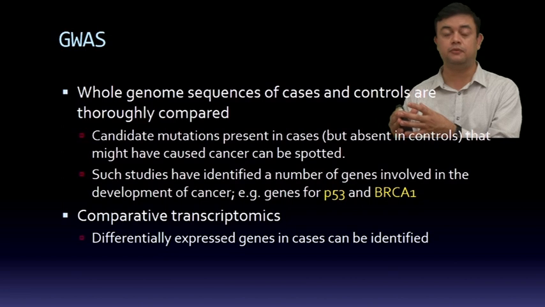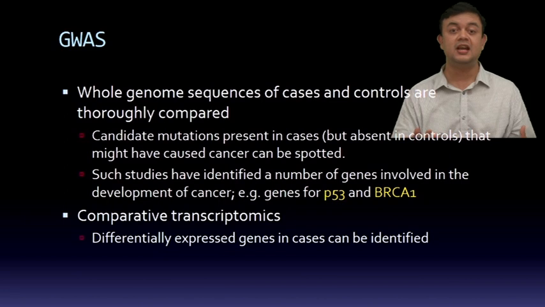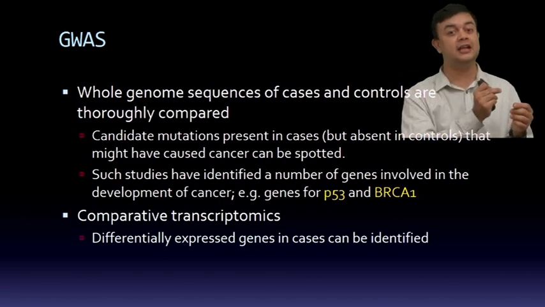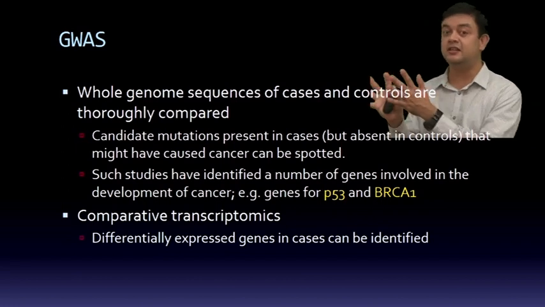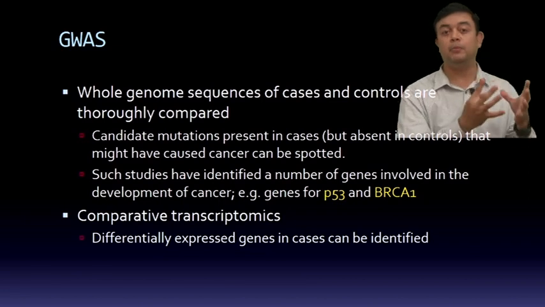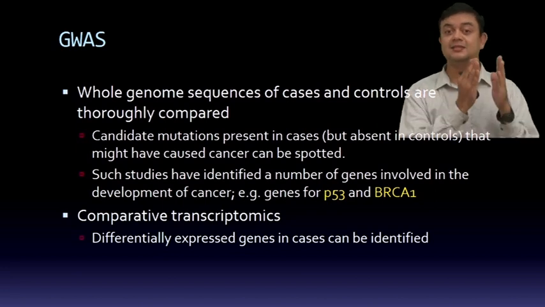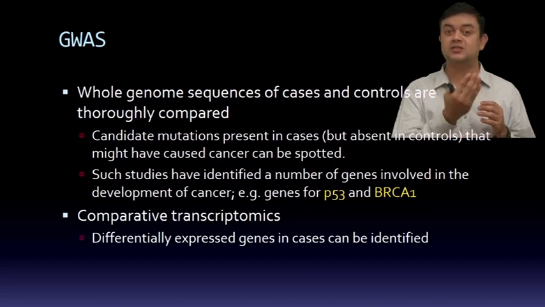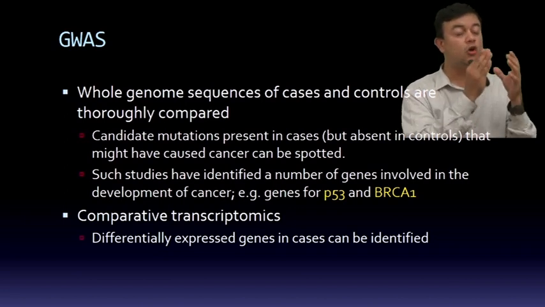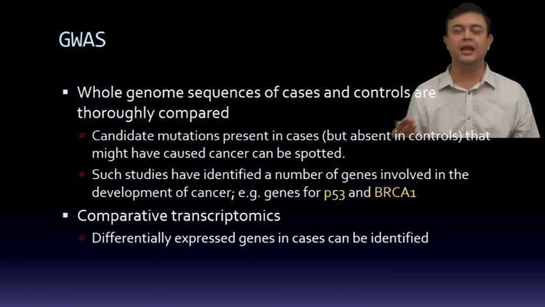The whole genomes are sequenced and compared thoroughly to see some specific mutations occurring only in the cases, while the mutations are absent in the healthy. So where these mutations are happening in the genome, you can come up with this kind of correlation. So you can identify certain genes where mutations happen only for the cases, while absent for the controls, by GWAS study.